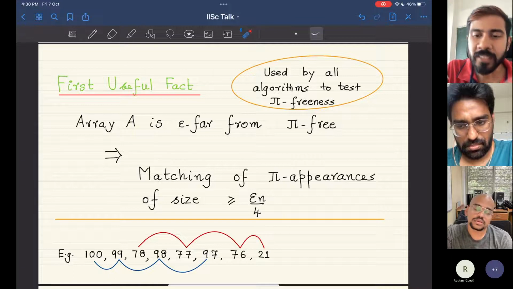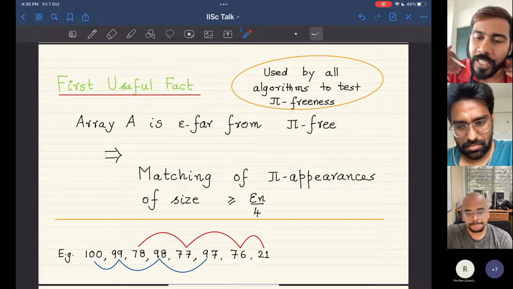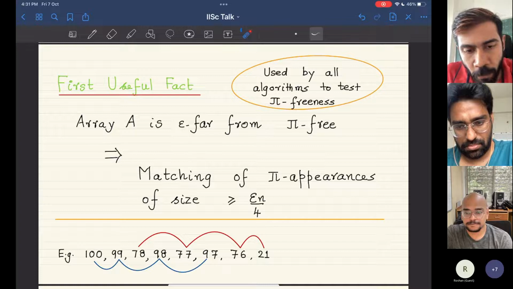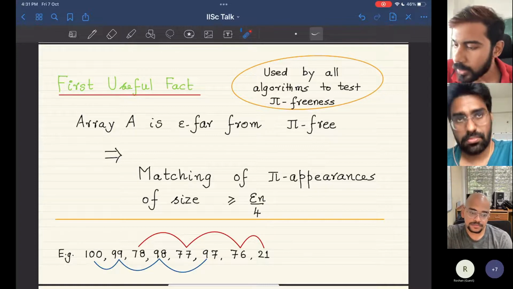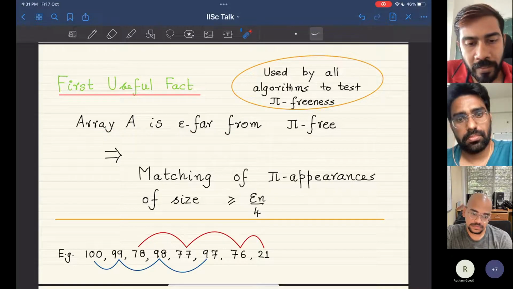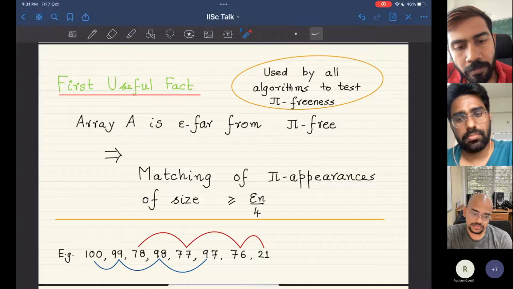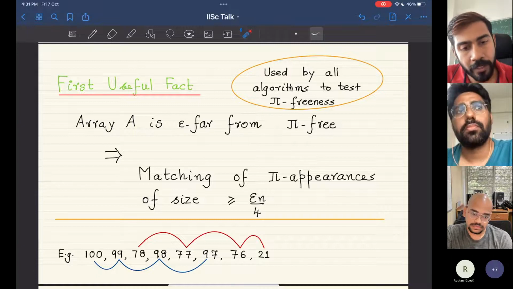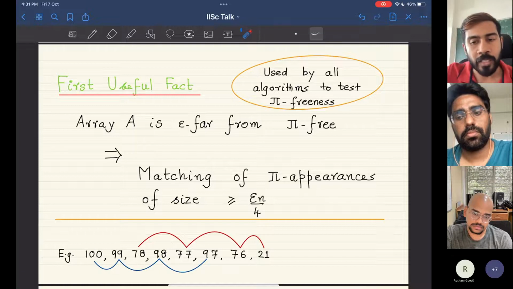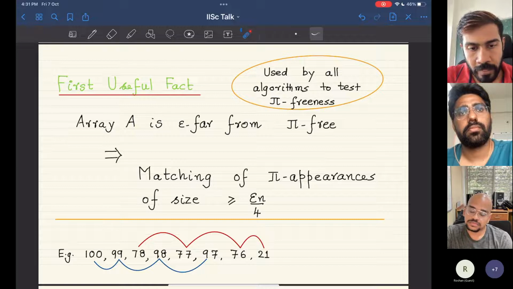So intuitively, there should be many pi appearances, and that intuition is just formalized here. Essentially, far arrays contain many pi appearances, and these pi appearances do not overlap. This is the take-home of the slide.